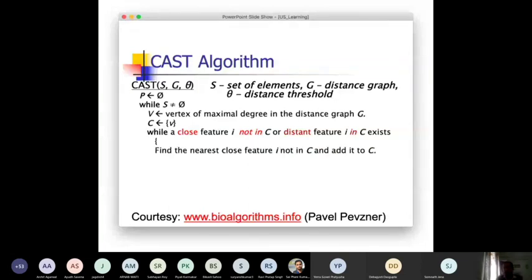You start with any point. Usually, you start with the vertex having the maximal degree, and then you grow a cluster with this definition. That means you add the closest feature and you remove the furthest feature. There will be a balance when your cluster has grown in such a way that all the elements, with respect to that definition, are closest.